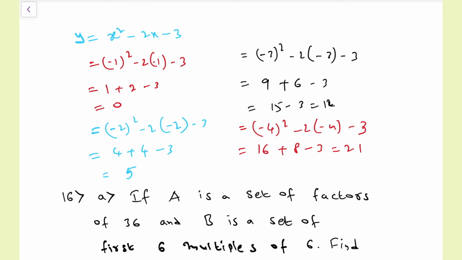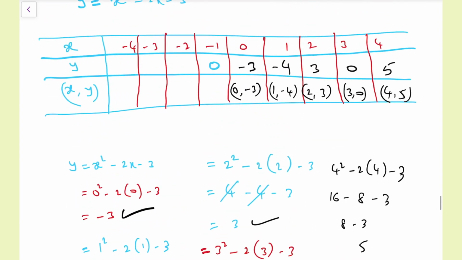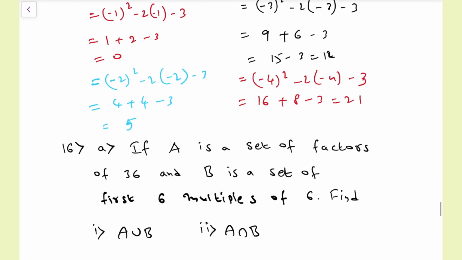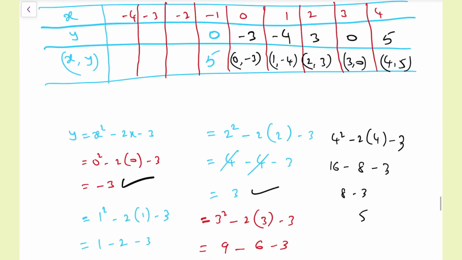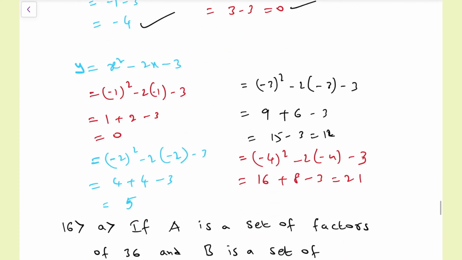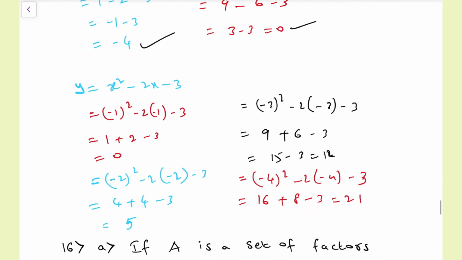Let us write these in the box now. When I substituted minus 1, I got 0. Next when I substituted minus 2, I got 5. Oh, something is wrong.